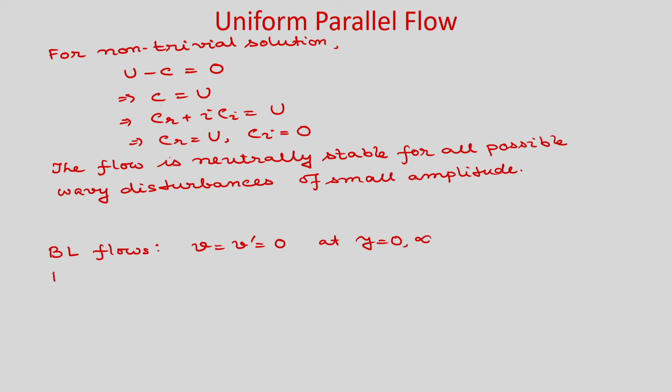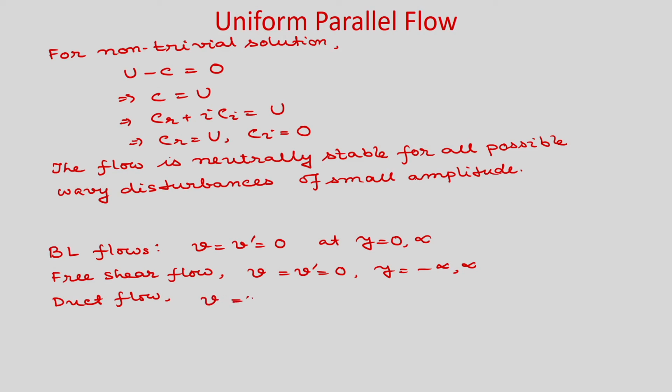For free shear flow, V is equal to V prime is equal to 0 for y is equal to minus infinity to plus infinity, and if it is a duct flow, there V is equal to V prime is equal to 0 at y is equal to plus minus 1. In non dimensional form all we have written. So, these will be the boundary conditions, and using these for different flows you can solve this Rayleigh's equation.